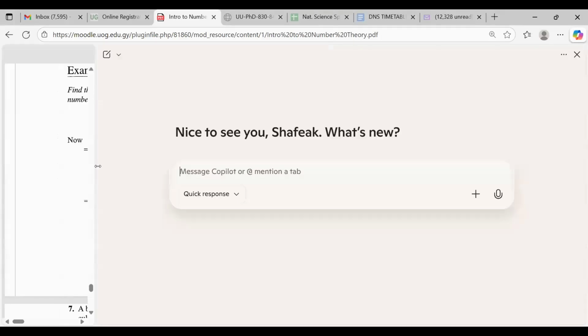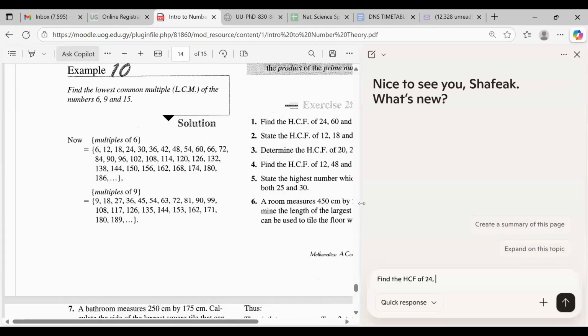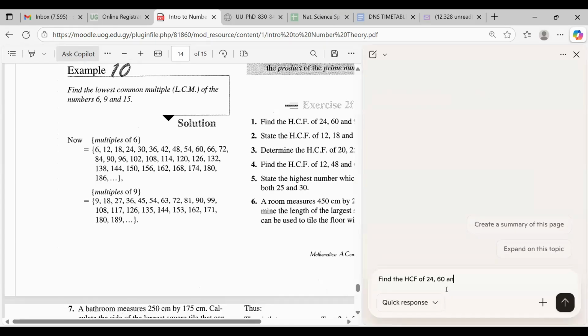Oh gosh, what's happening here? Give me 1 second. And you type in here: find the HCF of 24, 60, and 96, right?